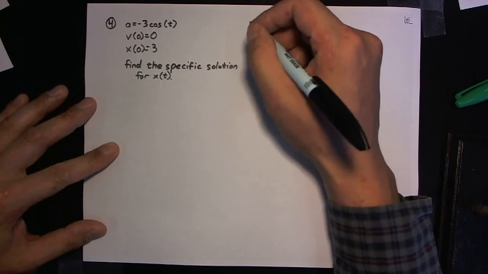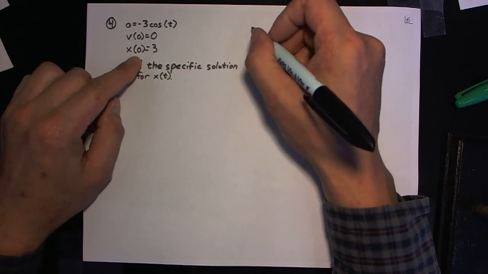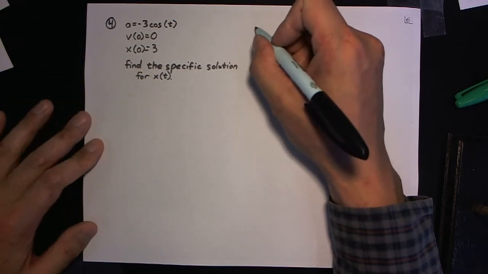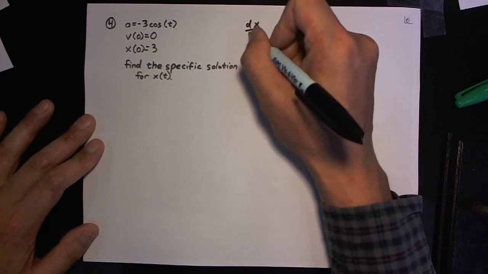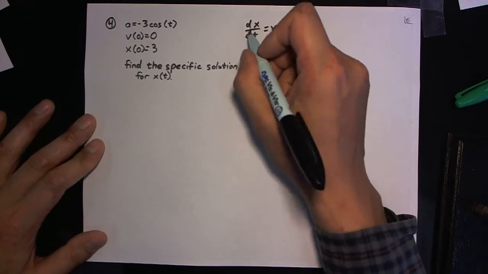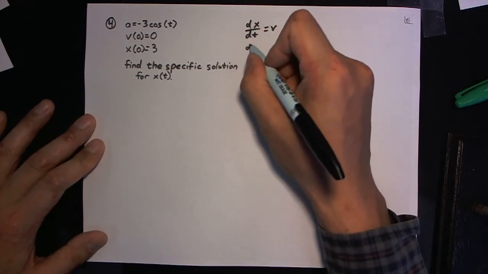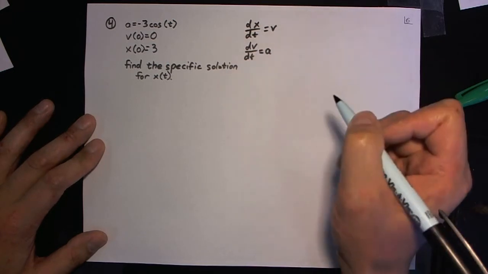And the first lesson in a calculus-based kinematics course is that you start with position, and if you take the derivative of position with respect to time, you get velocity. And if you take the derivative of velocity with respect to time, you get acceleration.